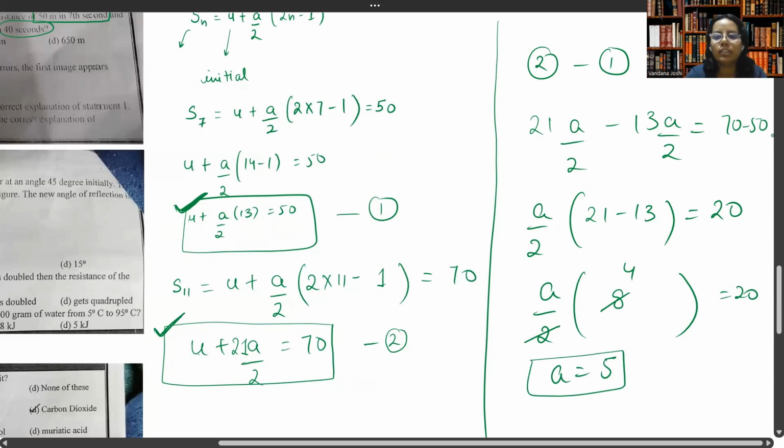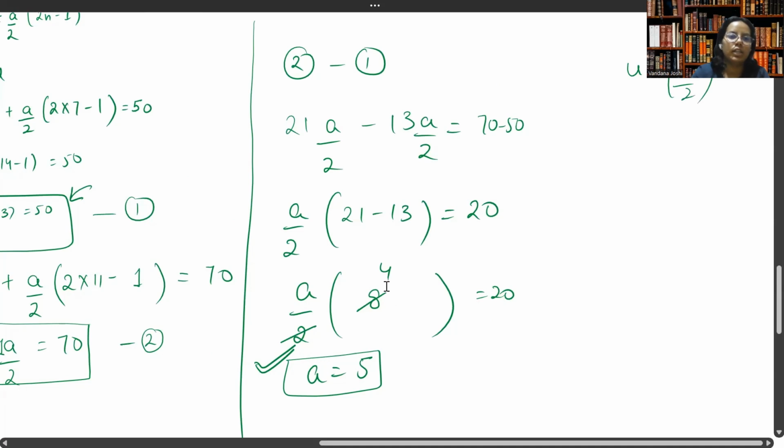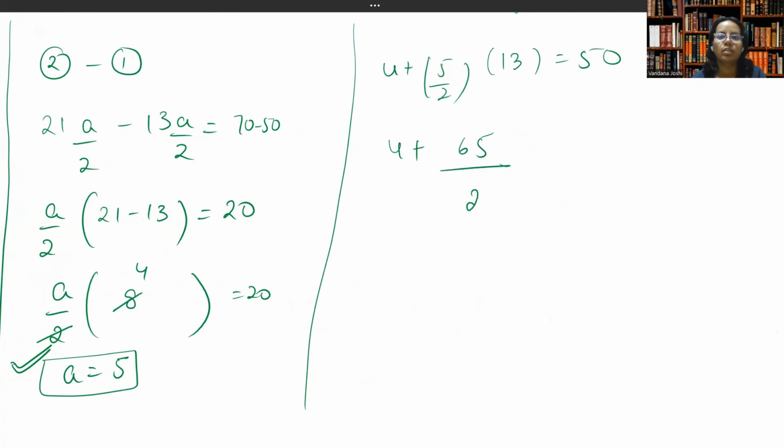Now that we have calculated the value of acceleration, we can easily calculate the value of initial velocity. So let's just plug this value in our first equation. We'll say u plus a over 2, so 5 over 2, times 13 equals 50, right? So we'll write u plus 65 over 2 equals 50.